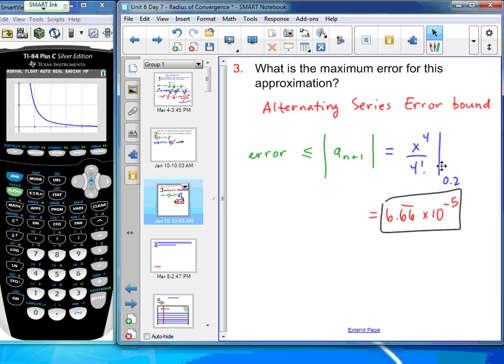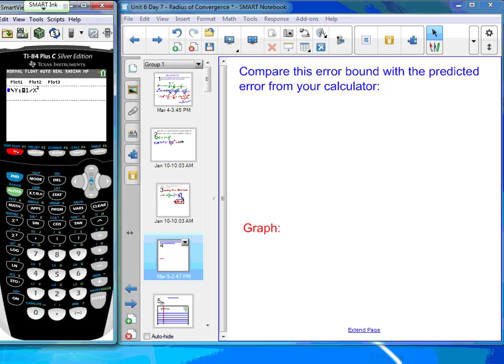This is pretty cool. So we'll take our y equals, and we'll enter our true function, that is cosine of x exact. Then we'll enter our second order Maclaurin polynomial for cosine, and that is 1 minus x squared over 2. Then we'll enter our error function. We know our error function is the magnitude of the difference between those function values, that is exact function value minus our approximate function value.